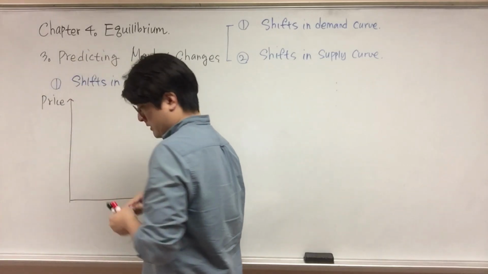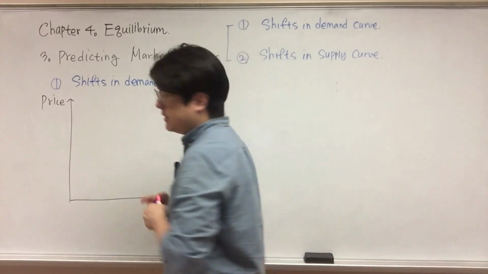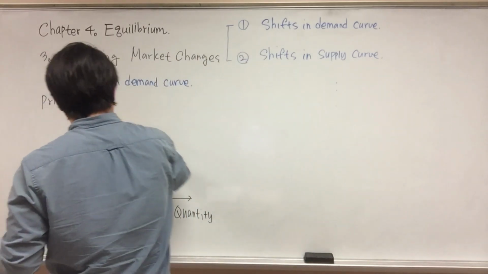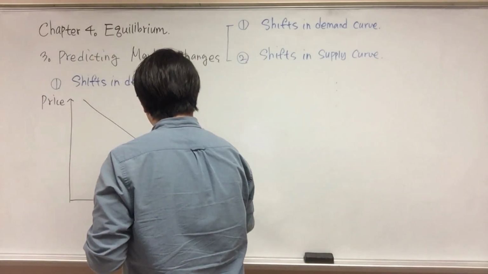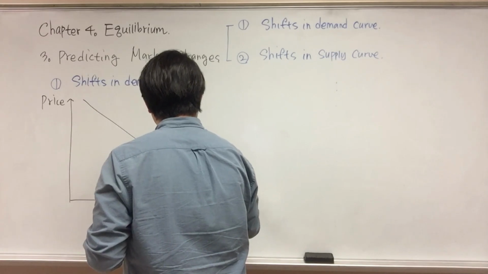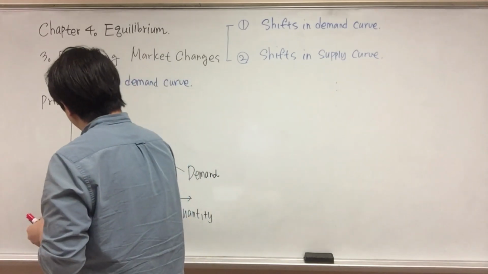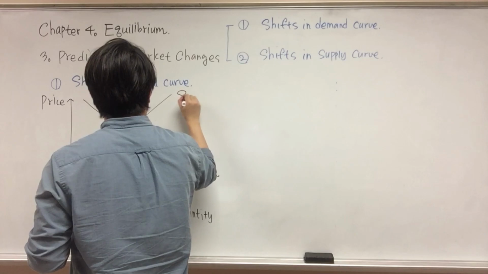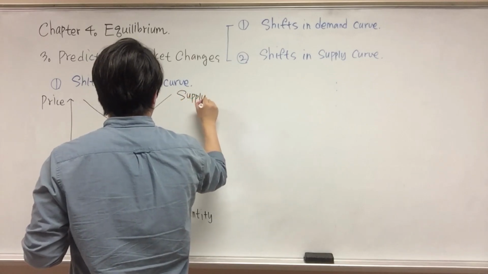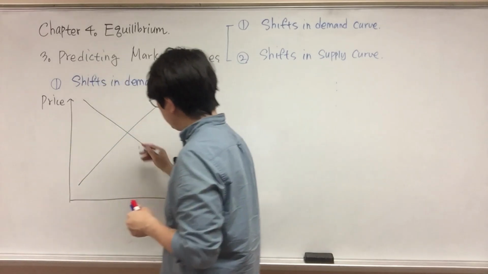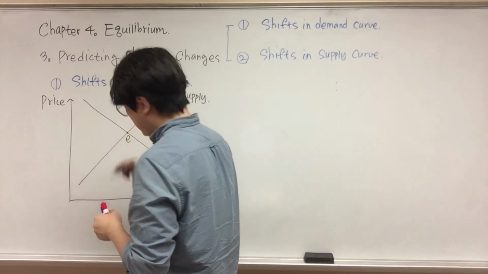Okay, so let's draw the graph. Demand curve is downward sloping. Supply curve is upward sloping. And here is the equilibrium point.